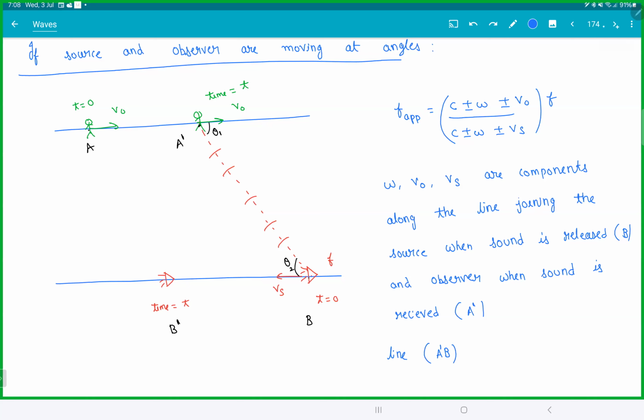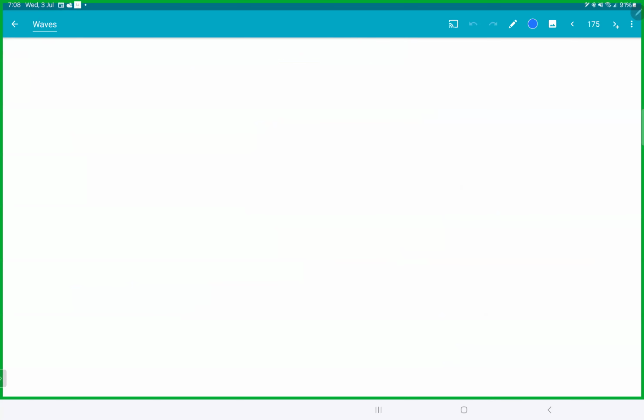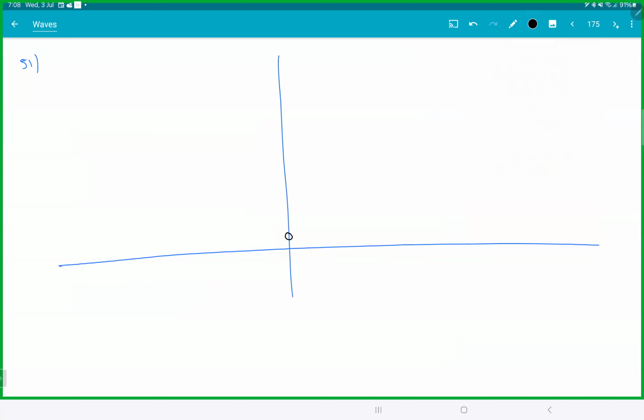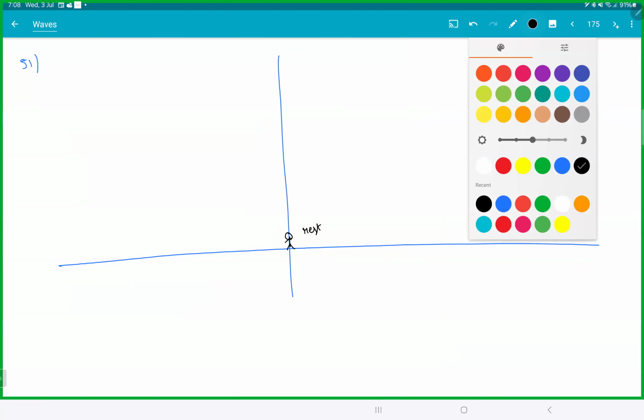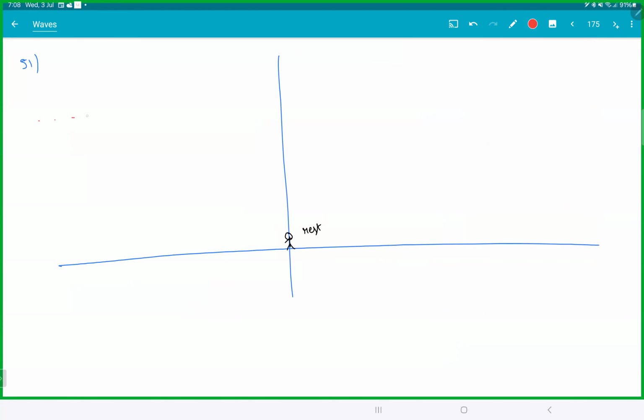Let's see a question. We have an observer here at the origin, at rest. At a certain height, we have a source of frequency f.